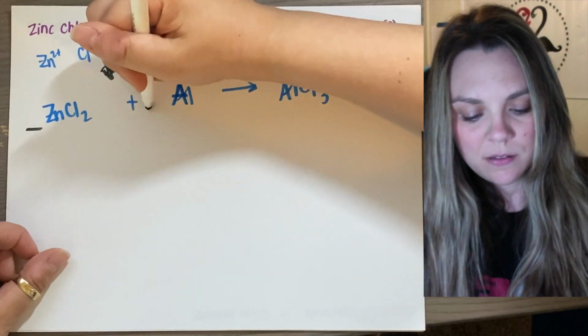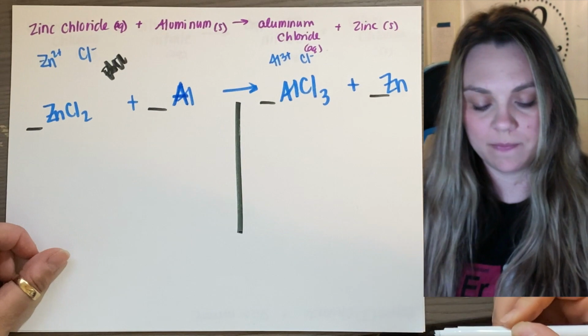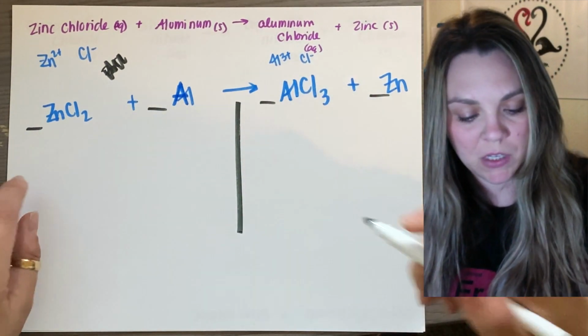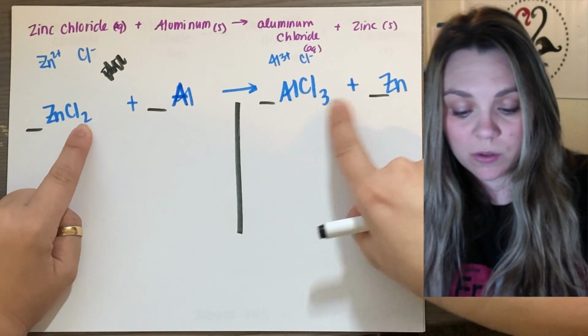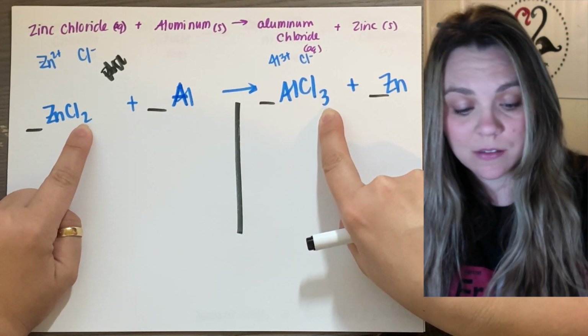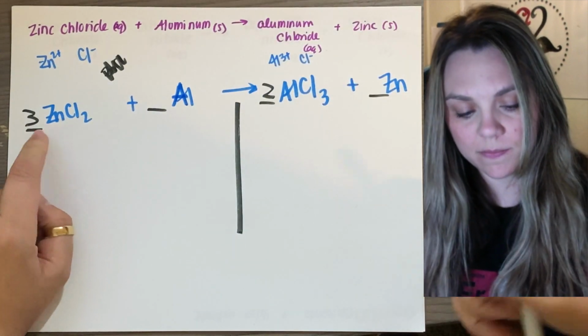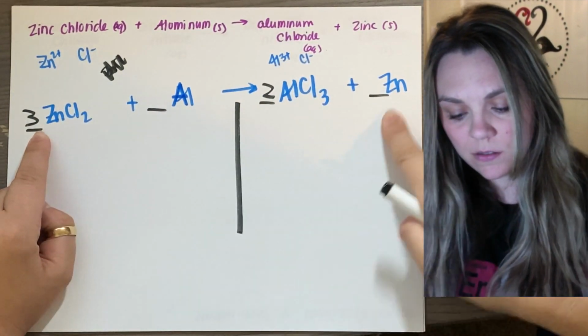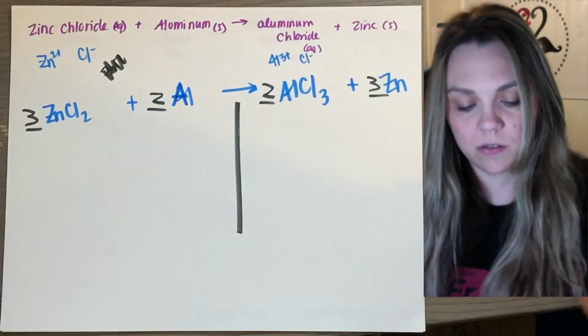Okay, now I go around and actually balance. You can see I start with 1 zinc, I end with 1 zinc, start with 2 chlorines, end with 3 chlorines. It's going to be a 3 here and a 2 here. 3 zincs. So I need 3 zincs here, 2 aluminums, 2 aluminums.